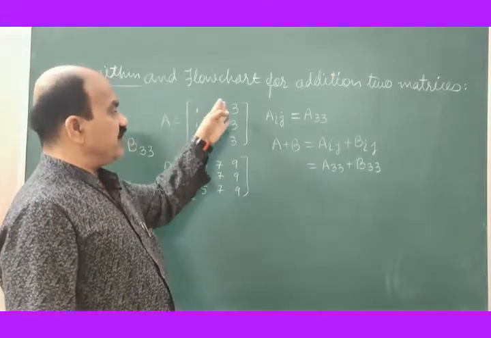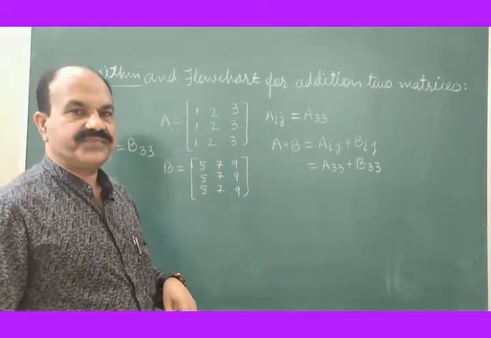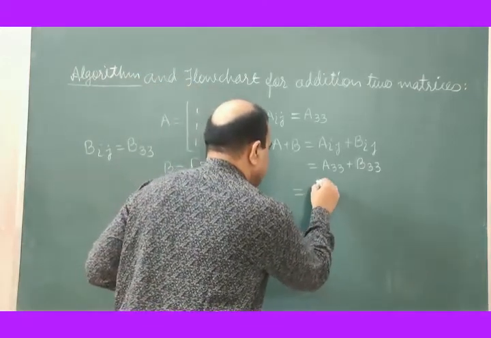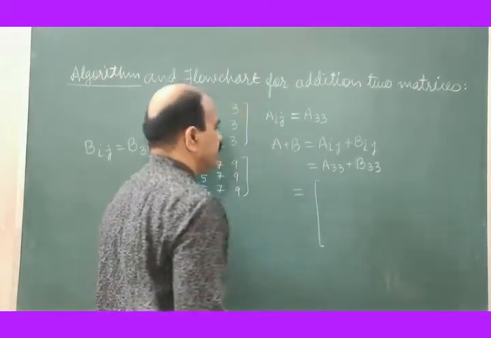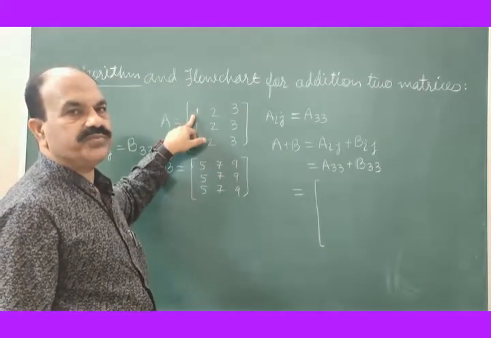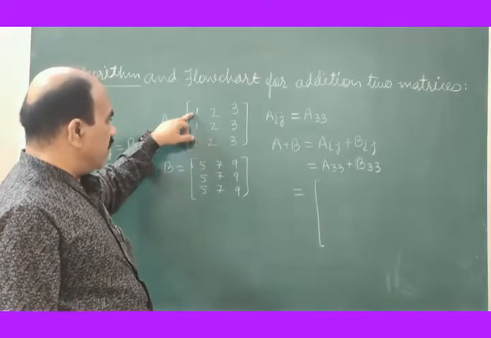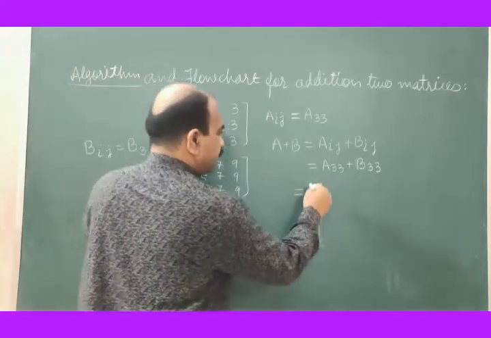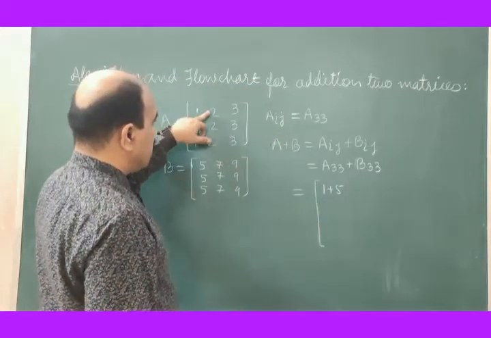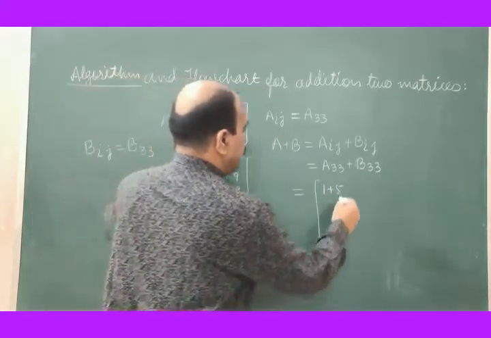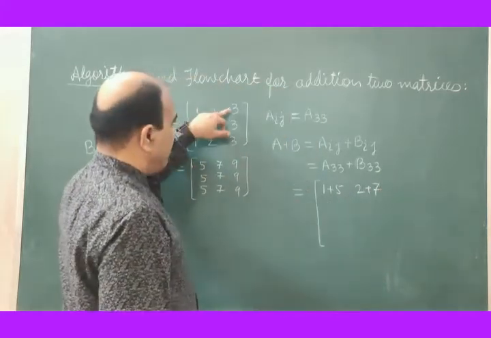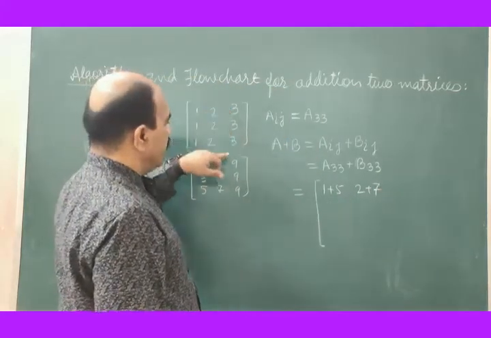Apply this formula to these two matrices to get A plus B: first row, first column, 1 plus 5. First row, second column, 2 plus 7. First row, third column, 3 plus 9.